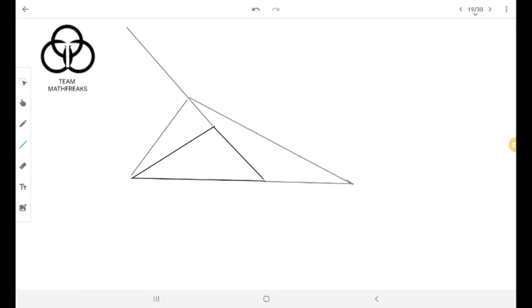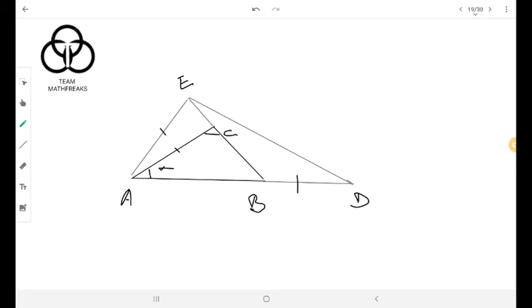Now my diagram is completed. This is my proper diagram. A, B, C, this extension D, BD and AC equal, this is also equal.